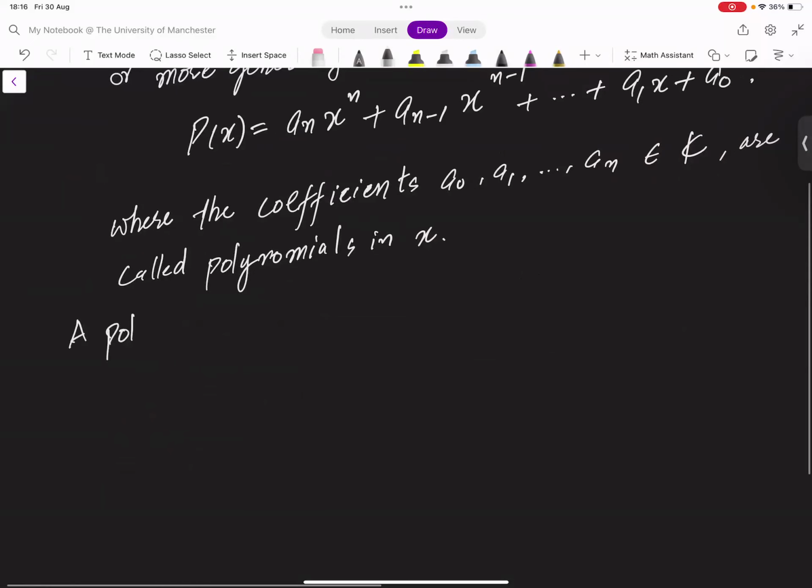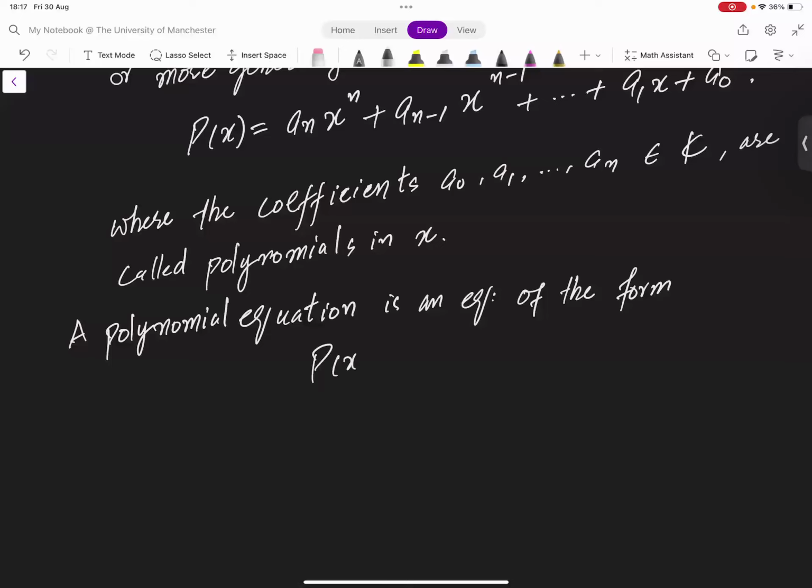A polynomial equation is an equation of the form p of x is 0, where p of x is a polynomial.